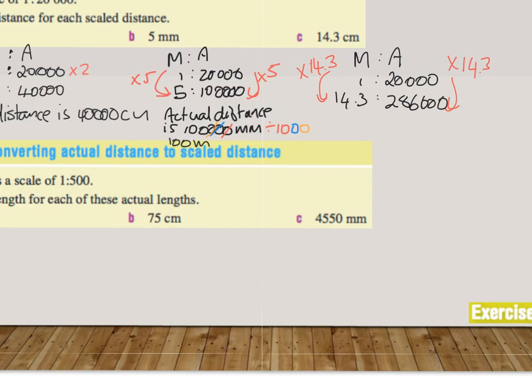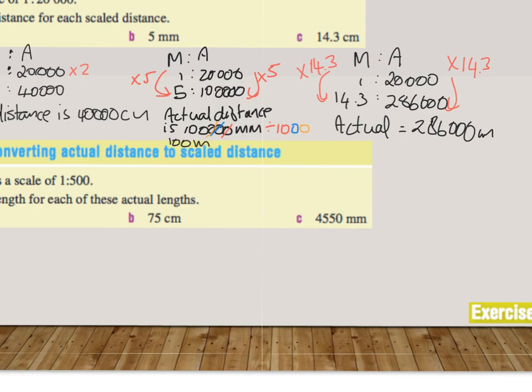Now the actual distance then will be 286,000 centimeters. To give us a sensible unit, we will divide that by 100 to take it to meters.